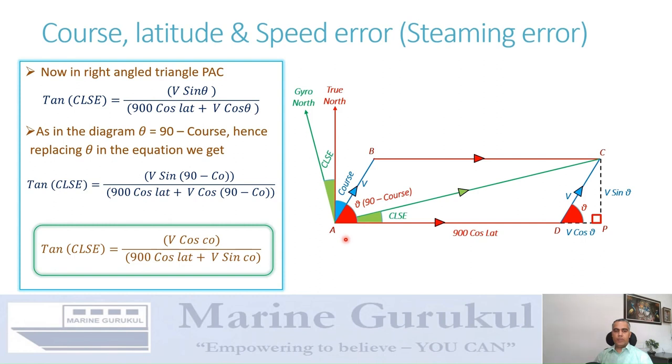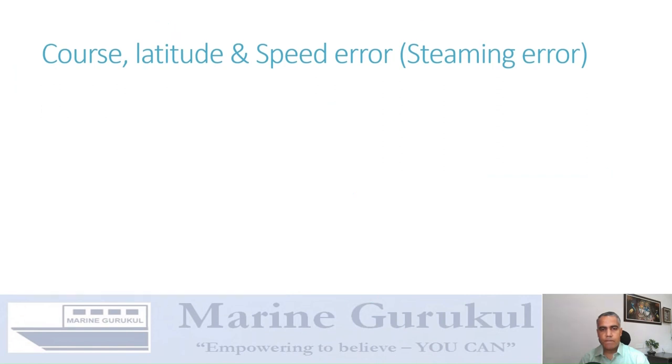We can make exactly a similar diagram showing the course of the ship in whichever quadrant it is, and using the same method, the formula can be derived in all the quadrants. Let me now take you to the final formula which can be used in any of the quadrants.